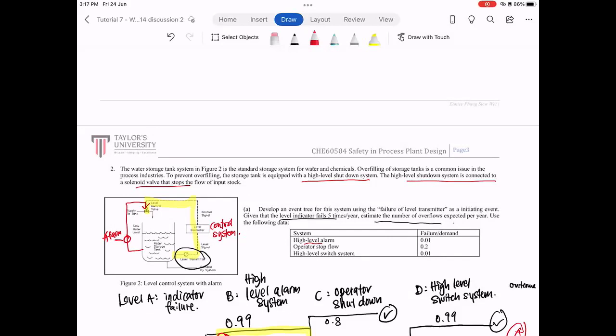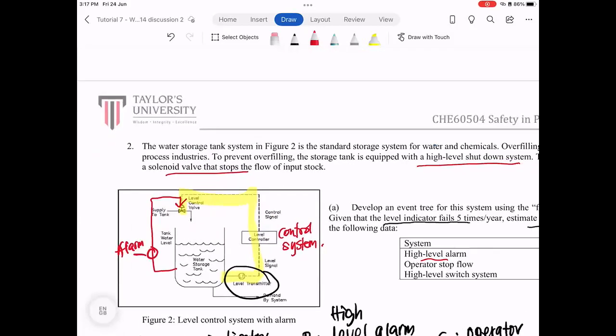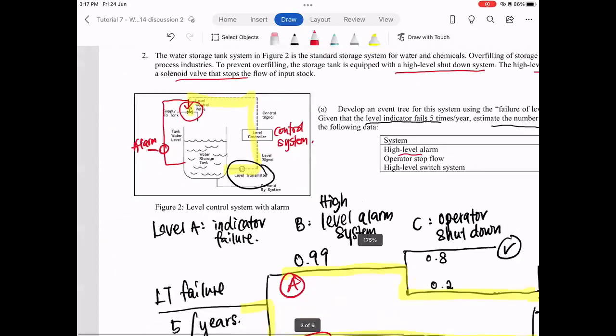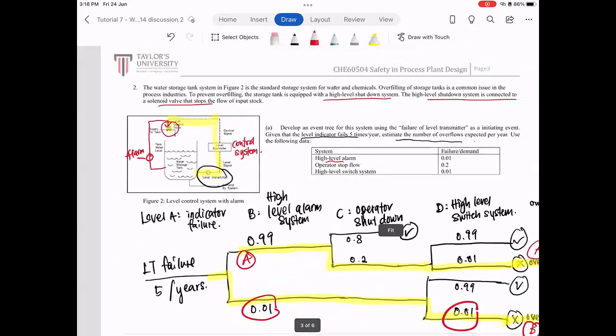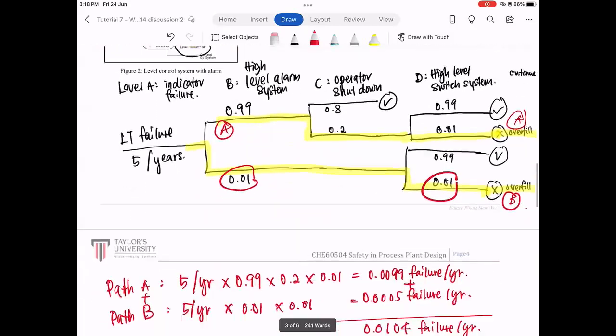Like what you're seeing here, this alarm, this high level indicator that shuts down the same valve, this system will not kick in until we have an overflow. And when this system kicks in, it only happens like 1 in 96 years.